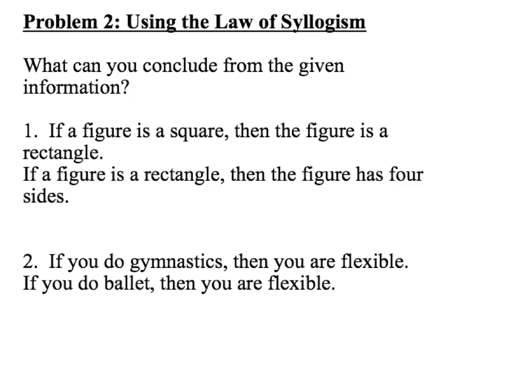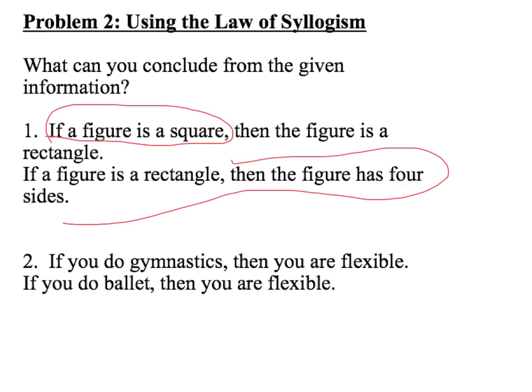Now we look at these statements: if a figure is a square, then the figure is a rectangle. If the figure is a rectangle, then the figure has 4 sides. Those are both true statements, so I could say, if a figure is a square, then the figure has 4 sides. If P then Q, if Q then R, then P then R.